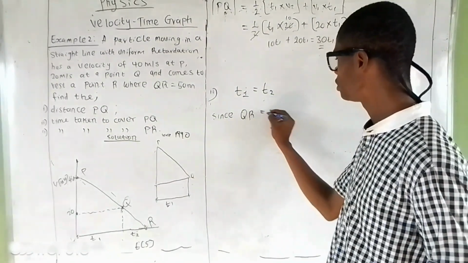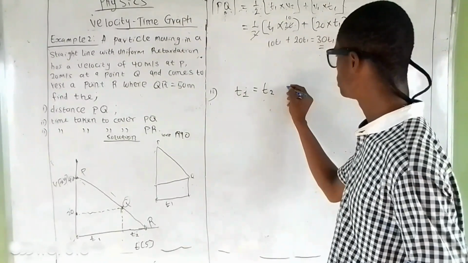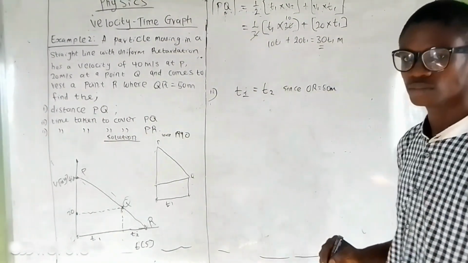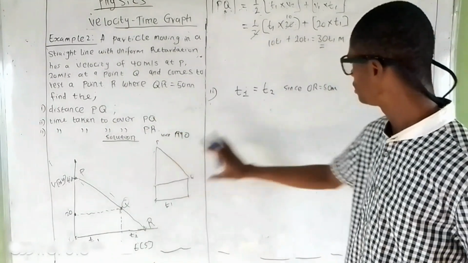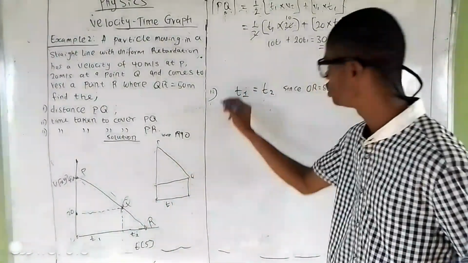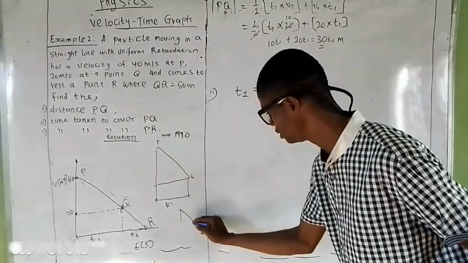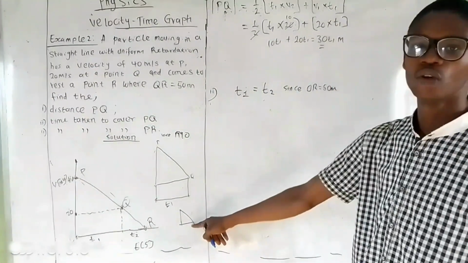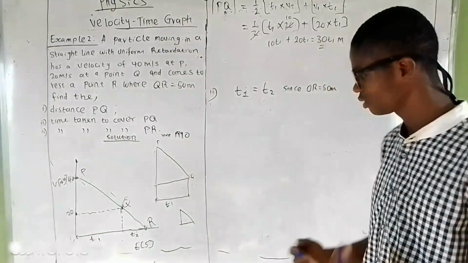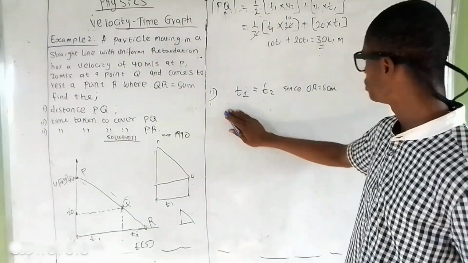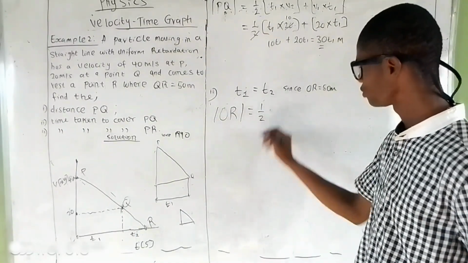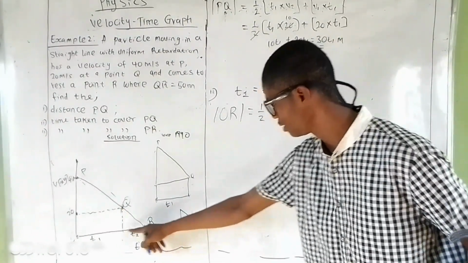Since QR is 50 meters, and we also know that QR is from here to here, the area of that shape, a shape like this, like a right angle triangle, is the distance, as I taught earlier. So since this is T2, the distance of this will be half base, the base now is T2.